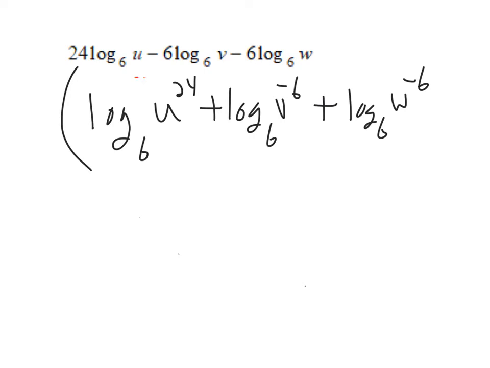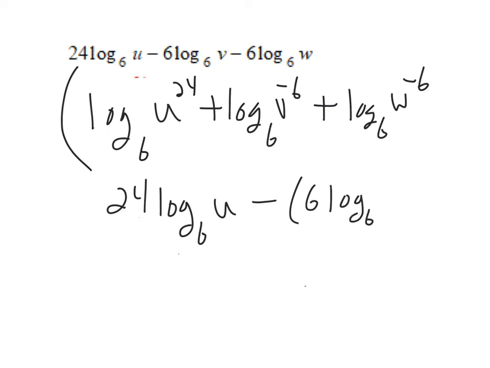What if I factor out, what if I pretend this is 24 log base 6 of u, and I factor out a negative. What if I just factor out the negative? Let's keep it easy. 6 log base 6 of v plus log base 6 of w.